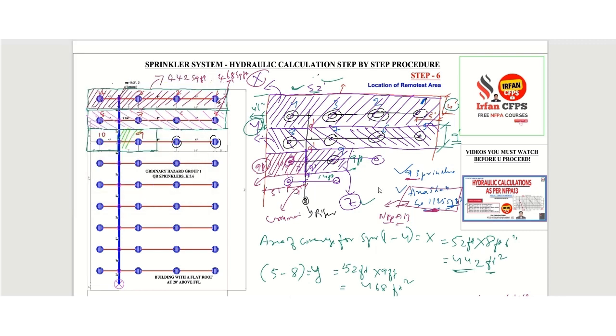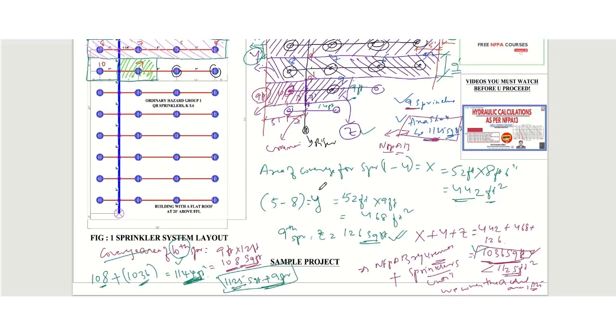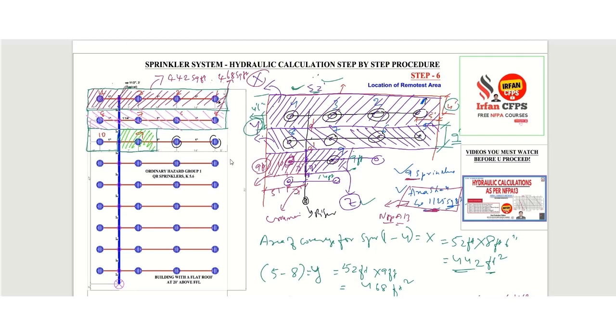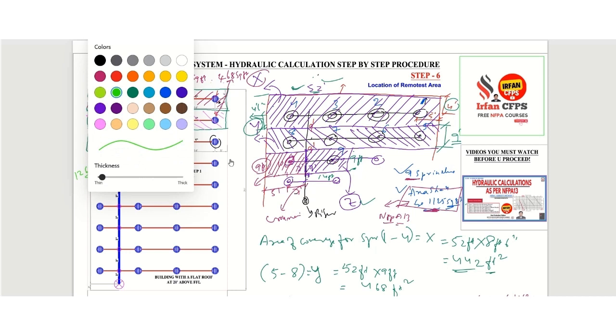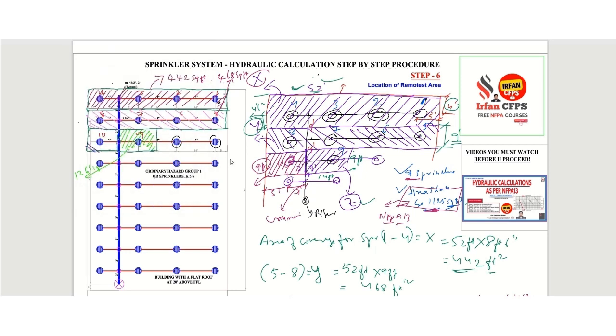Finally we consider two areas. The 9th sprinkler we got as 126 square feet, so I'll put it somewhere here, 126 square feet. And the 10th sprinkler area is 108 square feet.